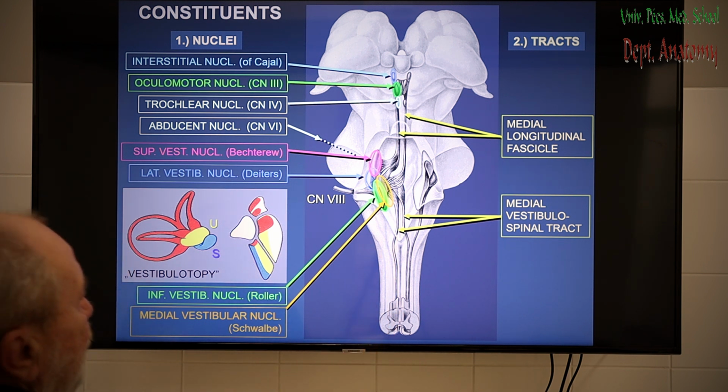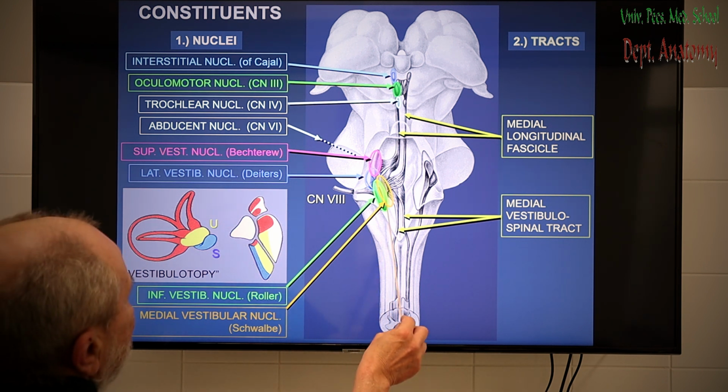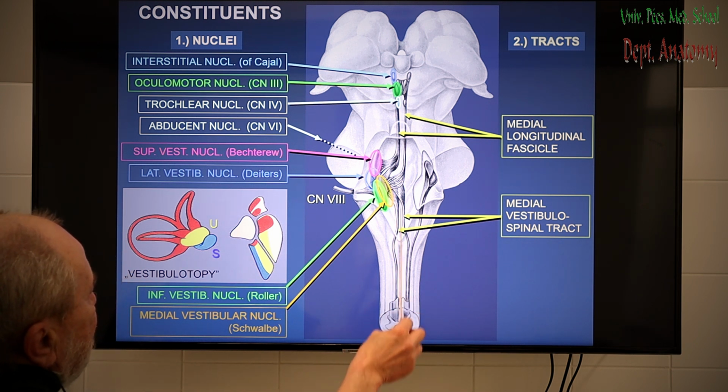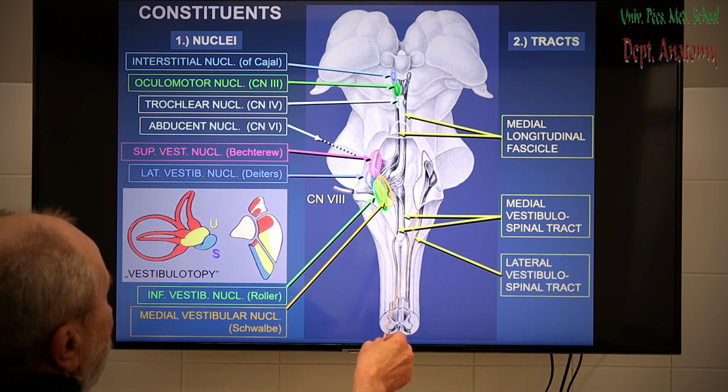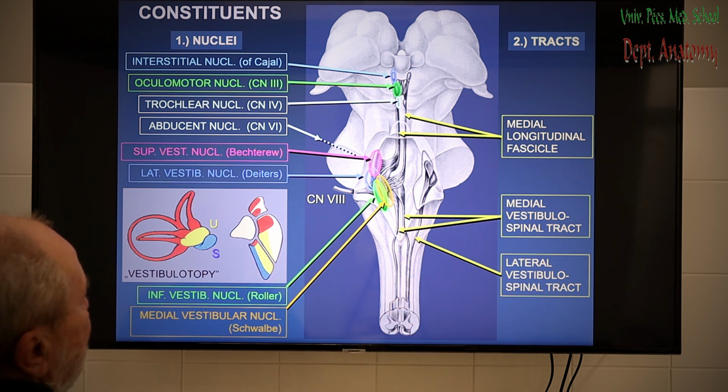Going down, there is one medial vestibulospinal tract, which is a bilateral projection of second-order neurons, strictly from the same side, from the lateral vestibular nucleus.